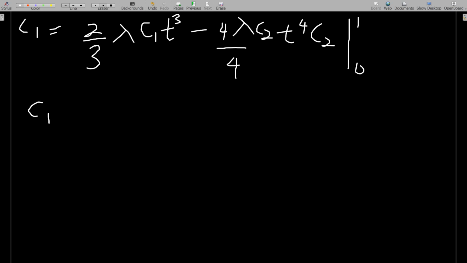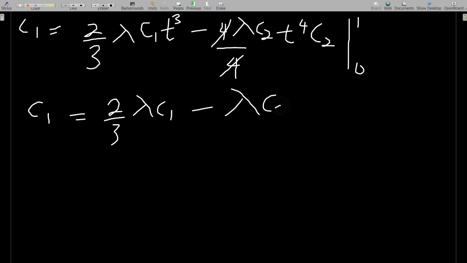So when I put 1 in, I'll get c1 equals 2 over 3 lambda c1 minus, I'll take this 4 out, so I have lambda c2. Right, let me clean this one.